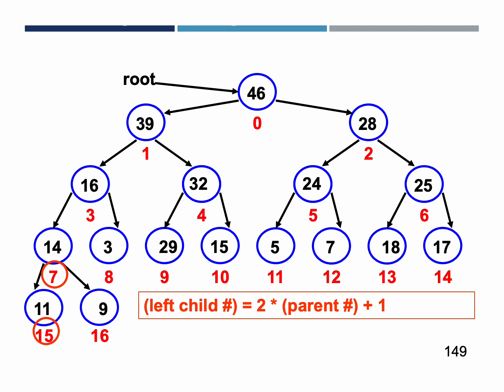If you look at this 14, the index is 7 here. So 7 is the parent of 11 and 9 here. Now if you multiply 7 by 2, that means 14, and then if you add 1, 14 plus 1 means 15, which is the left child index here.